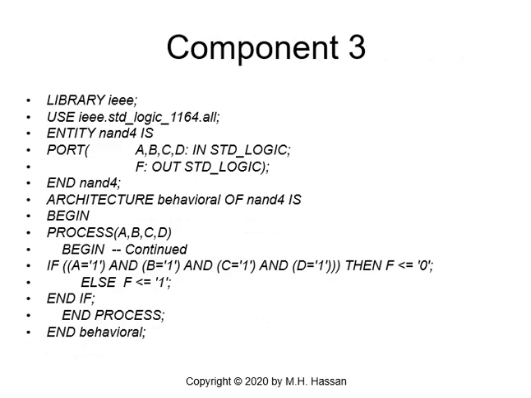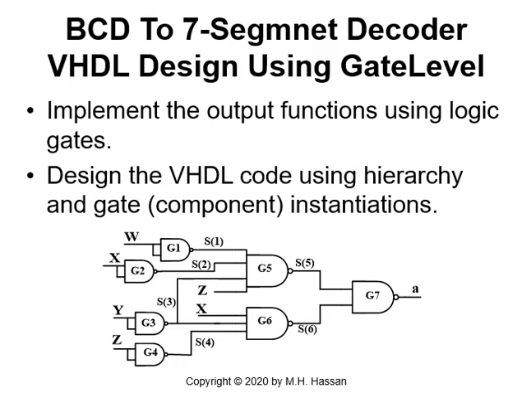We look at the hardware. So when we instantiate it, I have W, and the output S1. I have X for G2, and the output S2. I have Y, and the output S3. I have Z, and the output S4 for G4. Okay.